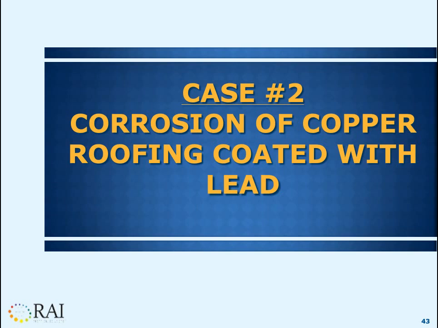So much lead corroded and was washed off by rain that lead contaminated his lawn area and ponds, and he became a federal and state hazmat site and had his property monitored by federal and local environmental agencies. Needless to say, the owner was not happy and sued the contractor, architect, and the manufacturer of the lead-coated copper material. My role was to determine why the lead-coated copper corroded prematurely.